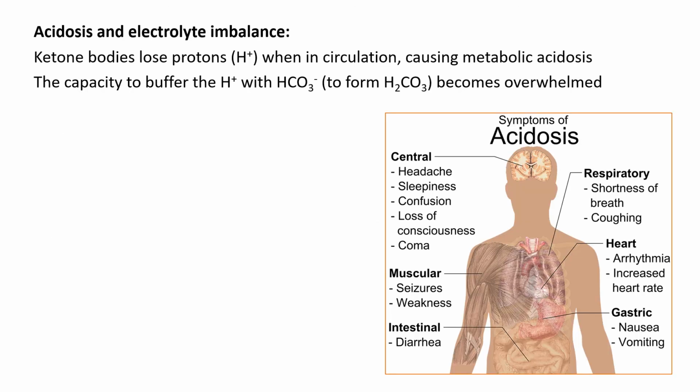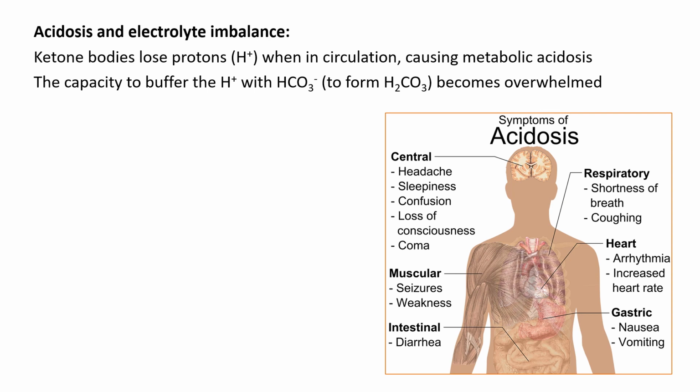So going back to moving from ketosis to ketoacidosis. As I said, ketone bodies, when they're in circulation, lose protons. They lose H+. So we're going to get lots of H+ building up in the circulation, which gives us, of course, metabolic acidosis. Now, normally, any free protons flying around will be buffered with bicarbonate, HCO3-, to form carbonic acid, H2CO3.